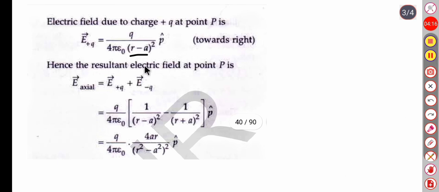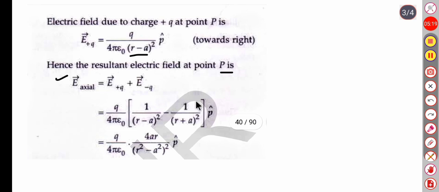Now hence the resultant electric field at point P will be E axial equals E of plus q plus E of minus q. If we put the values, we can take common q by 4 pi epsilon naught and 1 by r minus a whole square minus 1 by r plus a whole square, p hat.